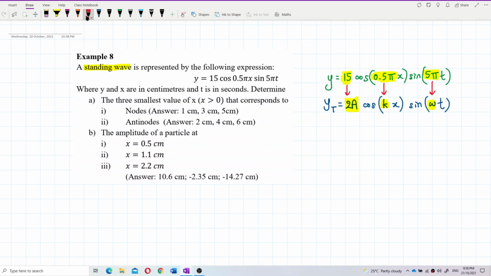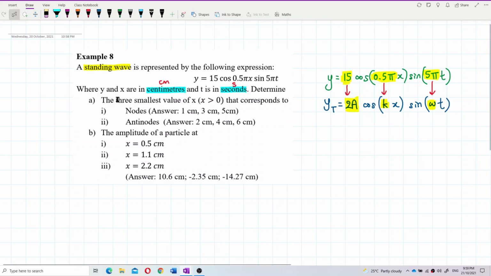The next thing is to find out the units. The units given are centimeter and second. From here we can see the displacement y and the x position, both of them are in centimeter, whereas the time is in second.